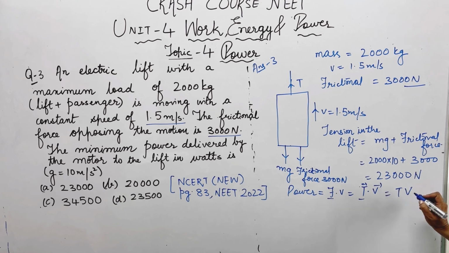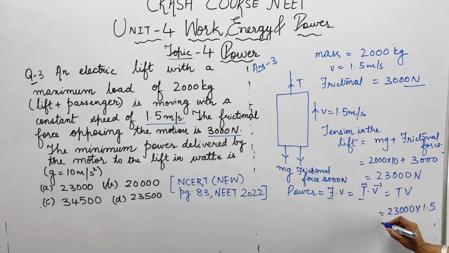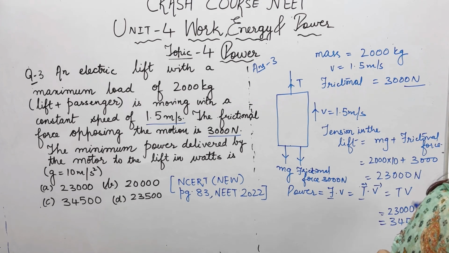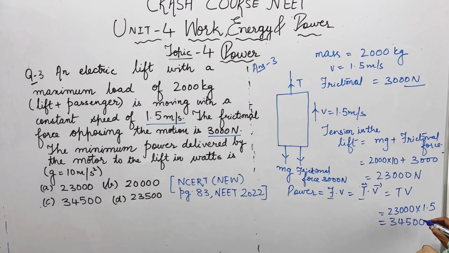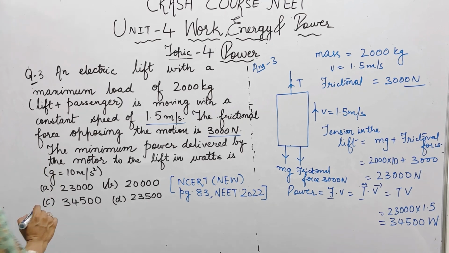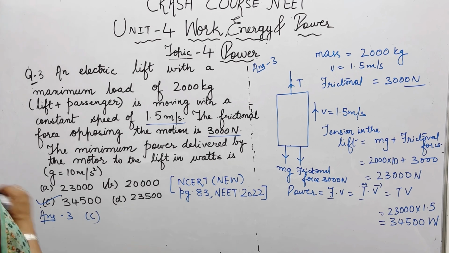So simply tension into velocity. So 23,000 into velocity is 1.5. On multiplying, we get the value 34500. The power is in watt. So if we look at the options, our option number C goes with it, and the answer for the third is option C.